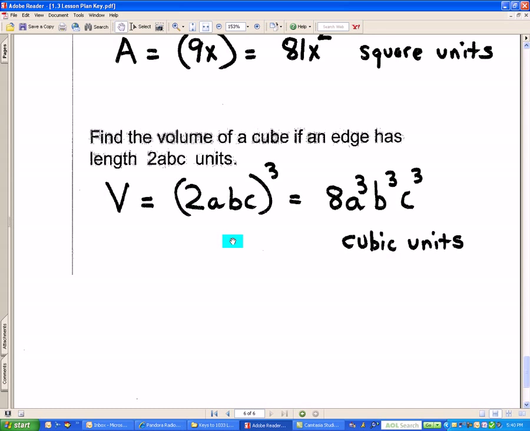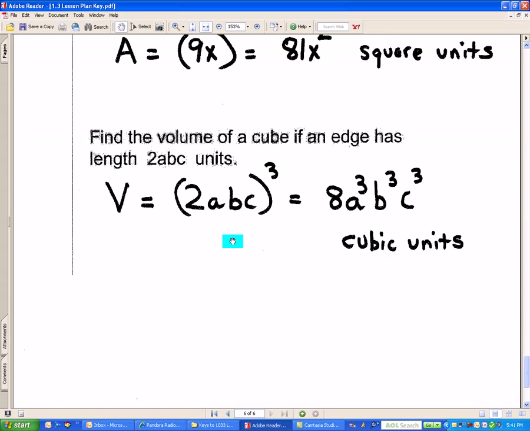If you want to find the volume, you take the length of one of the edges, 2ABC, put it in parens, and raise it to the third power. 2 to the third is 8, and then of course we get a cubed, b cubed, c cubed, and this time, since you're finding volume, your answer is in cubic units, not square units.